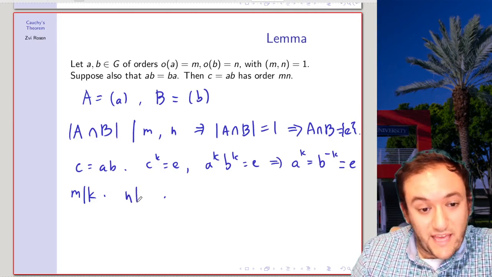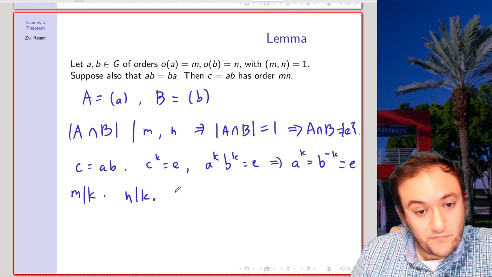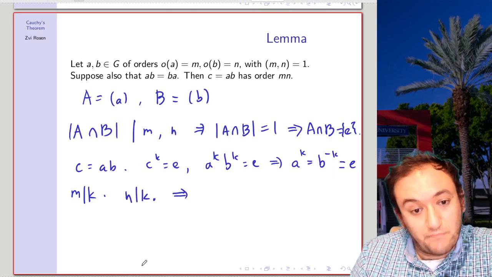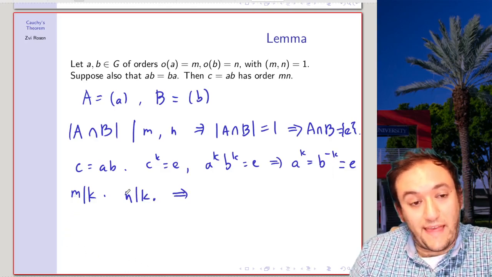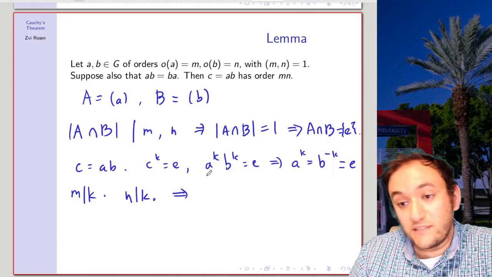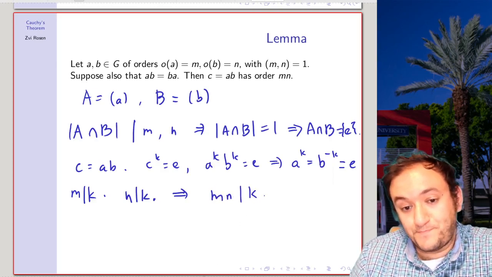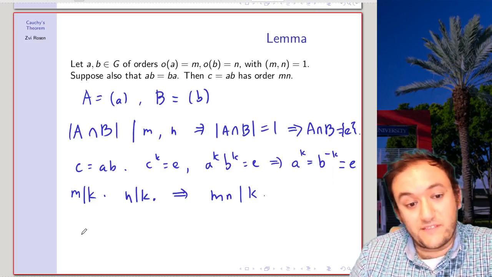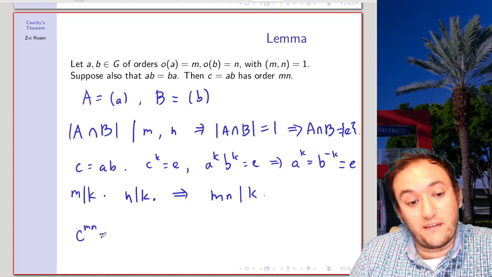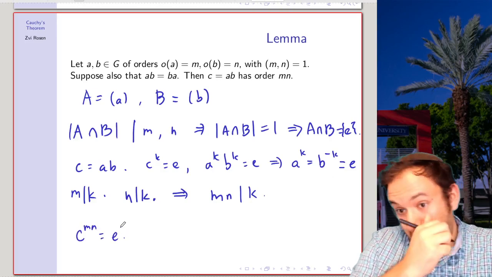And similarly, n divides k. Okay, but because m and n are relatively prime, that means that mn must divide k. All right? And that gives us c to the mn equals the identity.